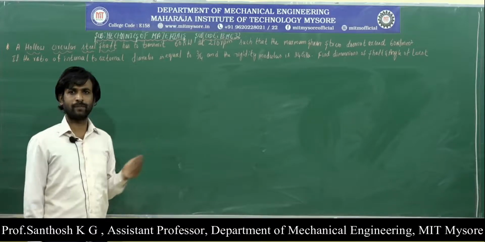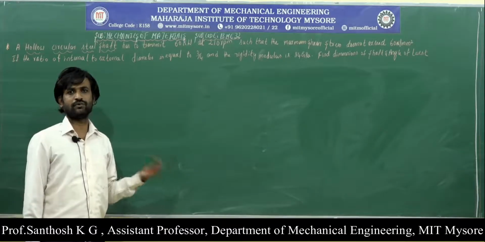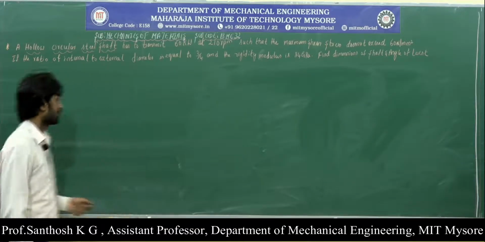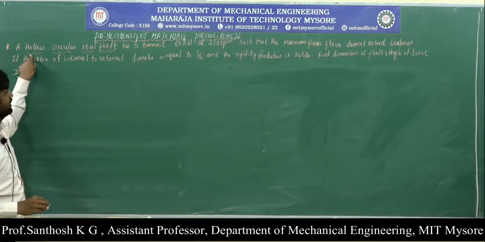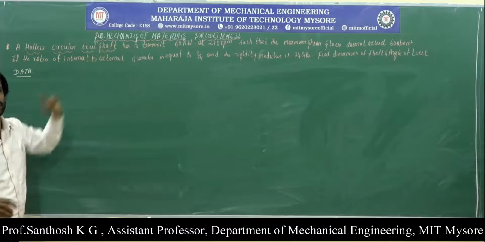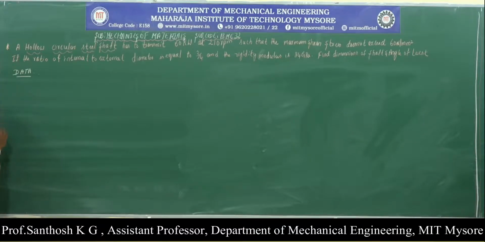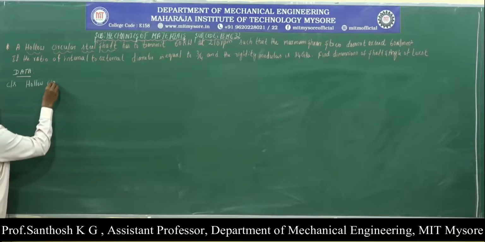Now, by reading the problem, first let us try to write down the data. The first data is that we have a hollow circular steel shaft. So by looking at this, we come to know that the cross section of the shaft is hollow circular.